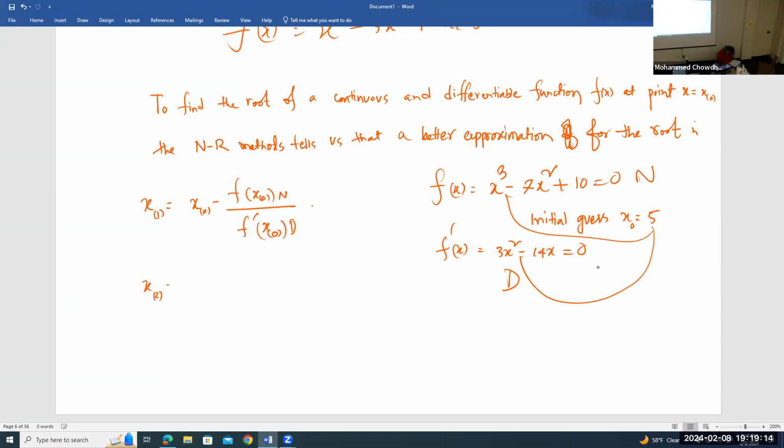For the second one, I just plug in the first one, again go there, x1, and then x1, like this. In this way, it will continue until two successive approximations give us almost the same result.